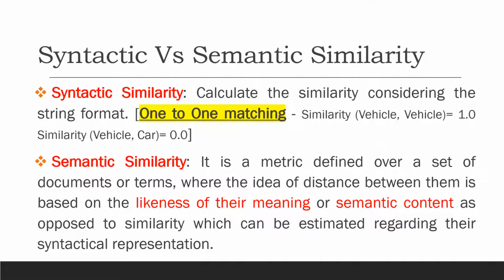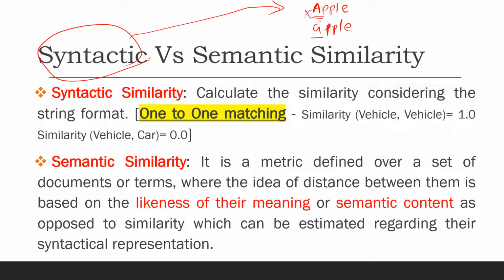Next, we will look at syntactic similarities and semantic similarities. With syntactic similarities, you are checking the structure of the objects. Let's say we have one object called apple, and another object called apple. With syntactic similarities, you need to check character by character whether this A and this A are equal.